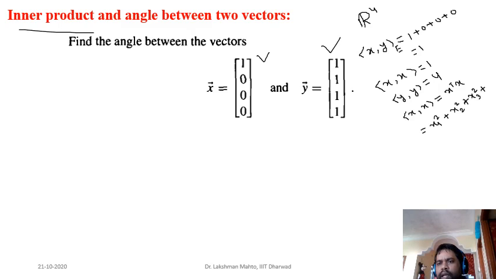It is 4-dimensional. What is this quantity? Suppose we are in 4-dimensional space, and this point x has first coordinate x1, second coordinate x2, third coordinate x3, and fourth coordinate x4.